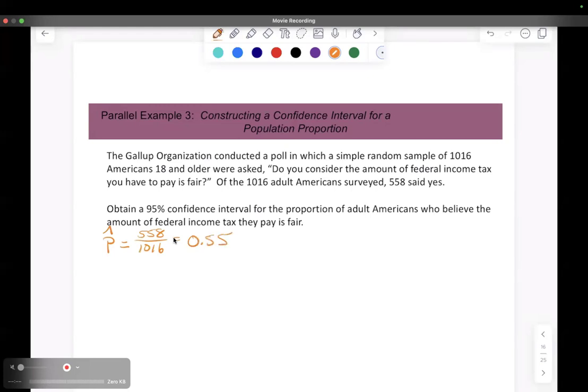Did we all get about 0.55? Okay. Go ahead and find your standard deviation. I'm working quietly on the screen, so if you get stuck, go ahead and look up.